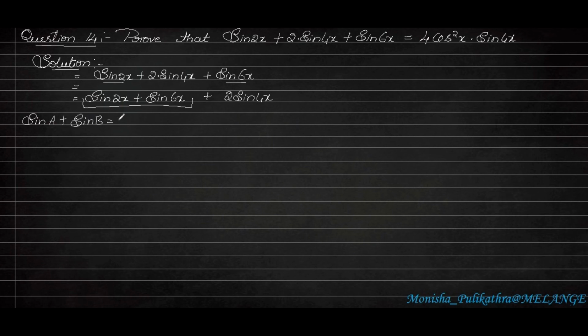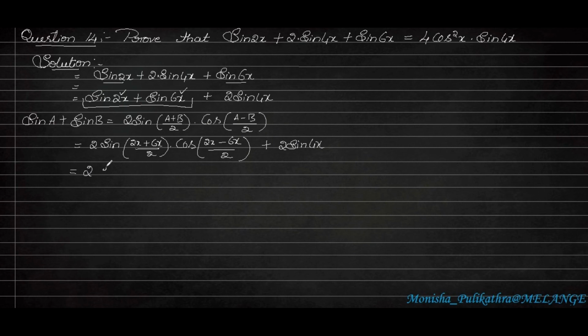Sin A plus sin B is equal to 2 sin (A plus B) by 2 into cos (A minus B) by 2. Let us arrange this in the form of this formula. Here A is 2x and B is 6x. So it will become 2 sin (2x plus 6x) by 2 into cos (2x minus 6x) by 2, plus 2 sin 4x, which we write as it is.